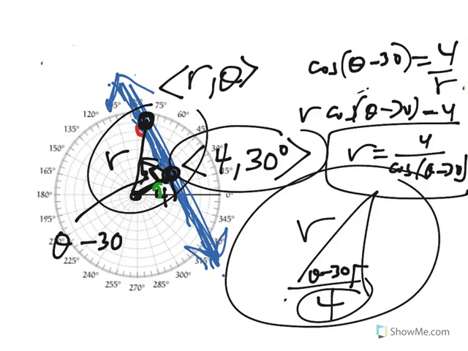So that's how you could have come up with that equation for this line. On the other hand, if you see an equation of this form, you can take this number and graph that point 4 comma 30 degrees, and then just make a radius from 0, 0 to that point, and the perpendicular line will be your answer.